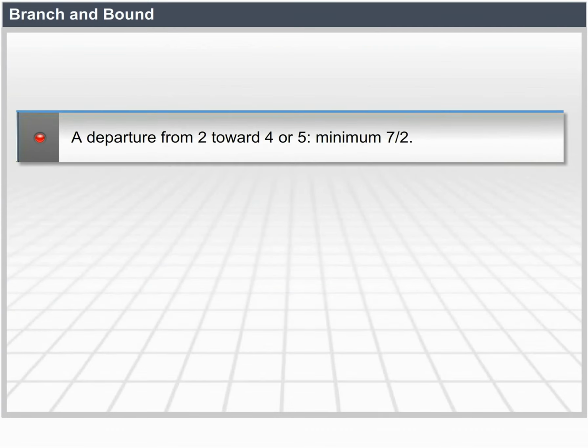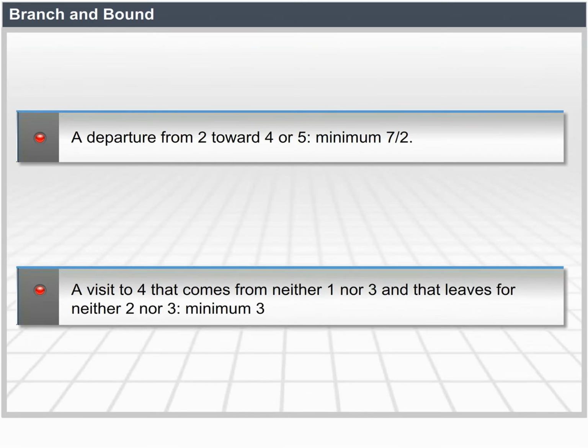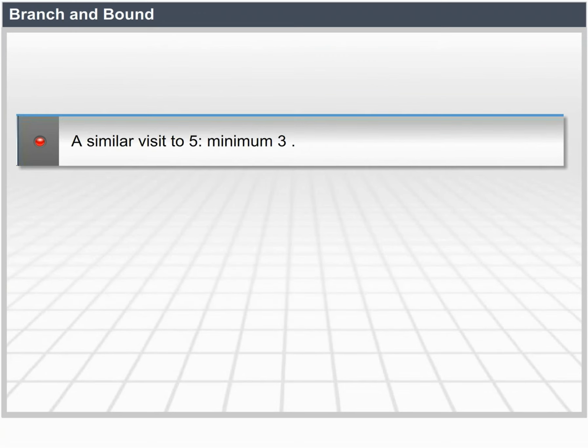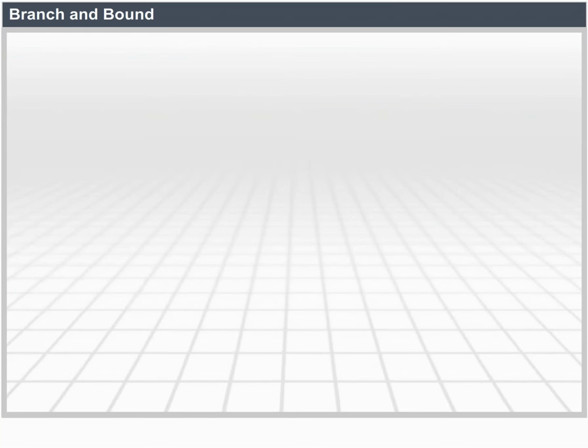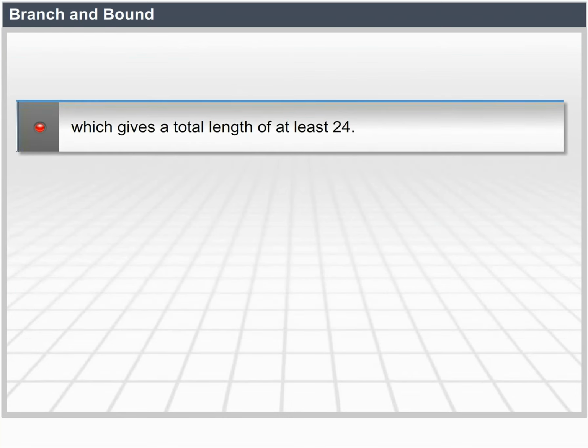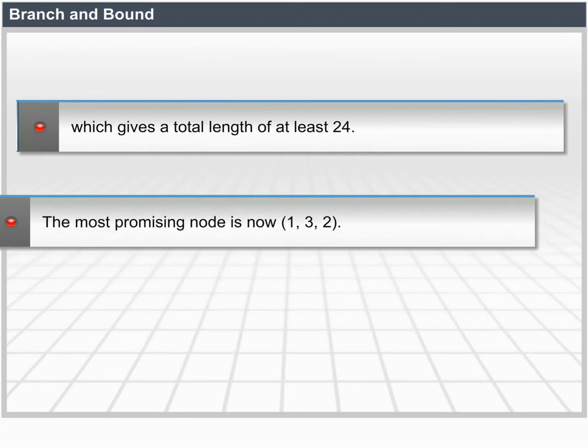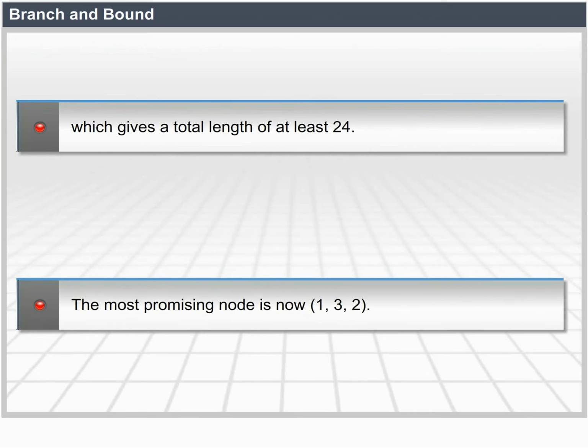A departure from 2 towards 4 or 5, minimum 7 by 2. A visit to 4 that comes from neither 1 nor 3 and that leaves for neither 2 nor 3, minimum 3. A similar visit to 5 is minimum 3. A return to 1 from 4 or 5, minimum 11 by 2, which gives a total length of at least 24.